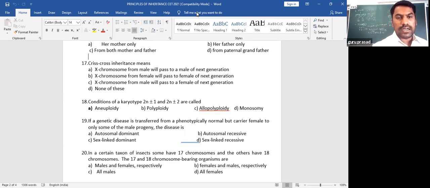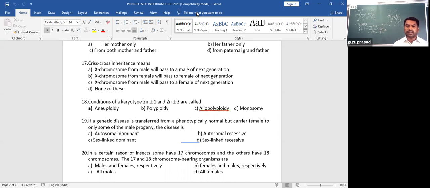Next: conditions of karyotype 2n plus or minus 1 and 2n plus or minus 2 are called. A karyotype where there is addition or deletion of chromosomes is simply called aneuploidy. That is the answer. Plus or minus means either addition or deletion of one or two chromosomes.